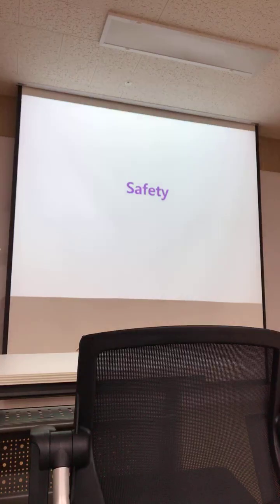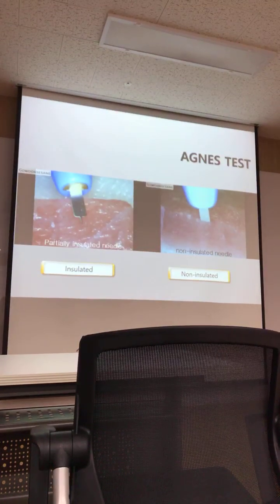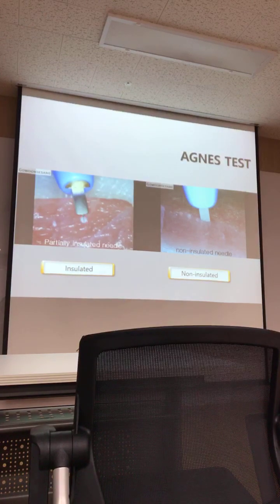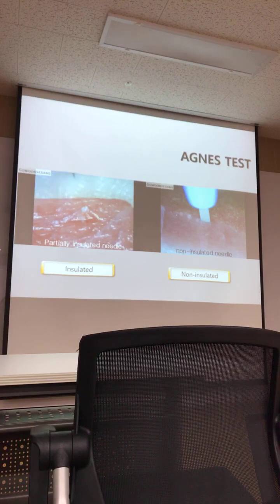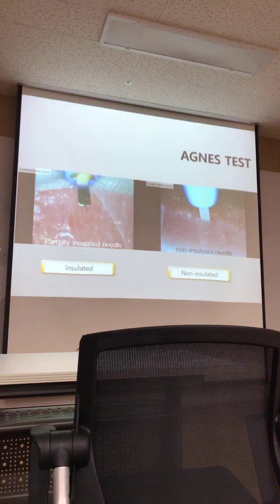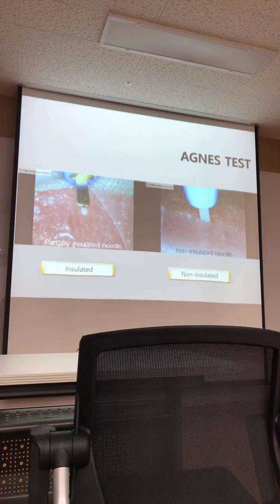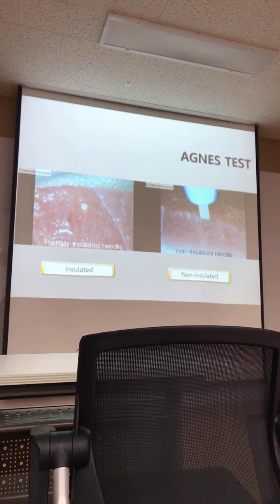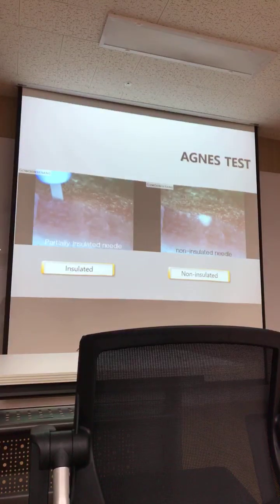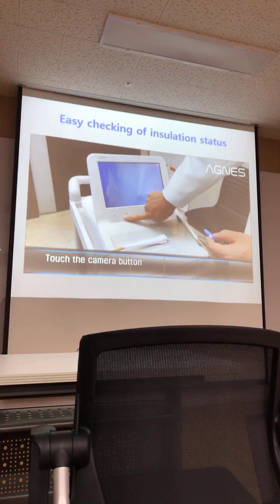But the most important concern is safety. As you can see, the normal microinsulated Agnes needle doesn't make a burn on the upper part of the needle. As you can see, this is non-coagulation, and this is coagulation. But if there is no insulation, you can see extensive skin surface burn. So checking the insulation status is very important.